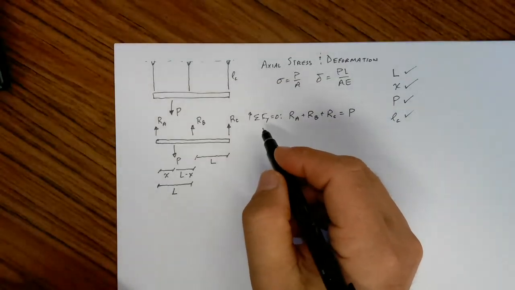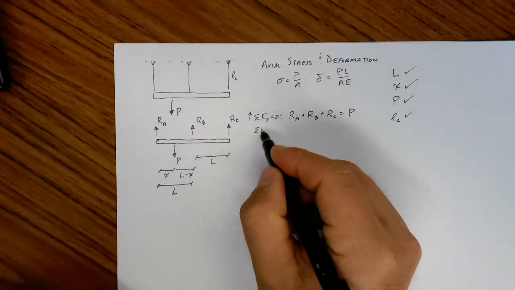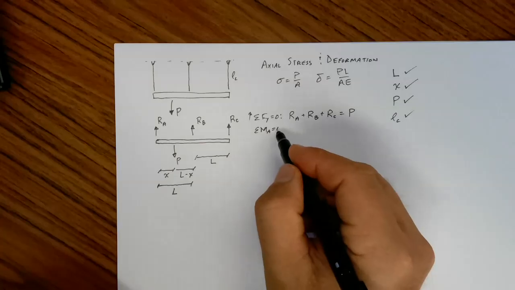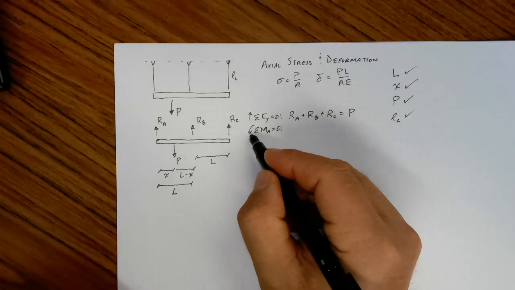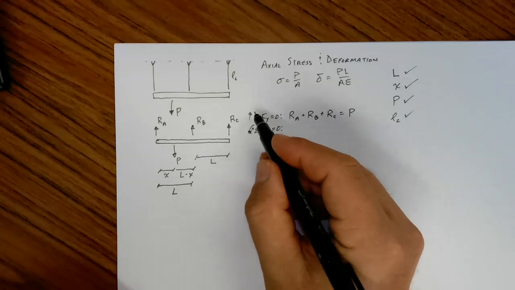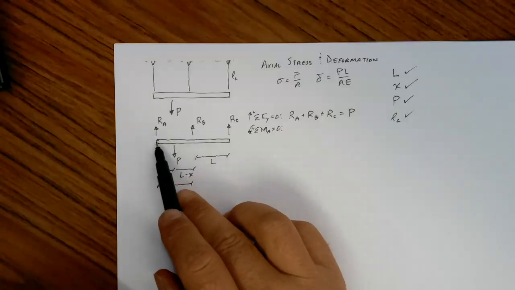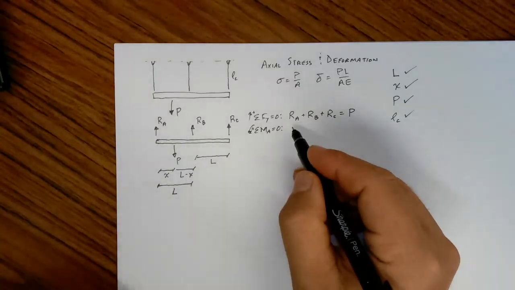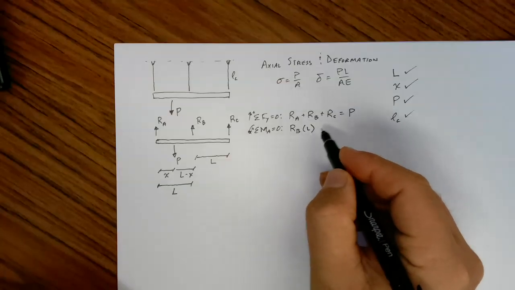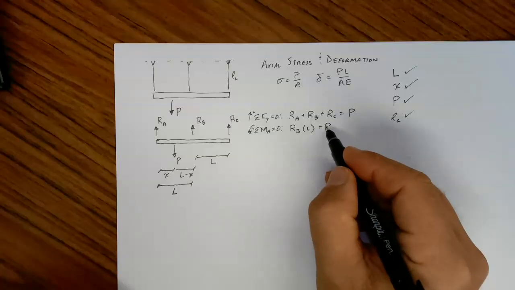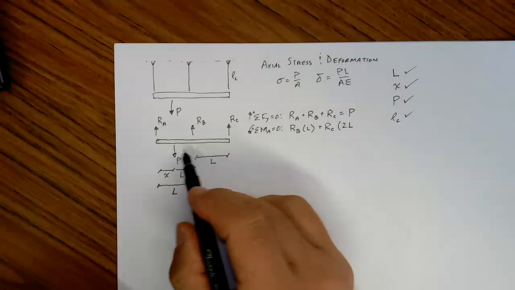So we already talked about sum of forces in the x being useless on this problem, so we'll sum moments about A equal to 0. And let's go counterclockwise positive. And I'm summing moments here. RB is counterclockwise with the moment arm L. And RC is counterclockwise with the moment arm of 2L.